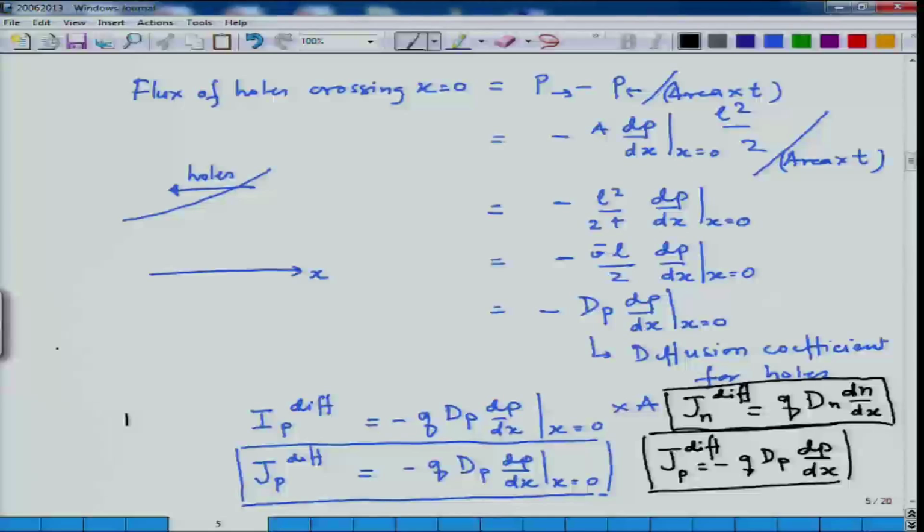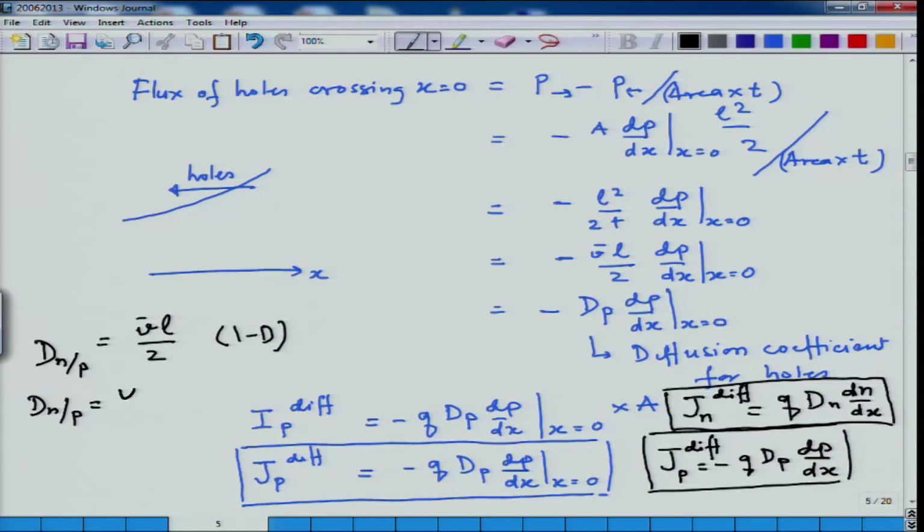If one does a more exact modeling and assumes that the carriers can move in all three directions, then the diffusion constant, whether n or p, which here has a value of V bar L divided by 2 for a one dimensional problem, would be given by V bar L by 3 for a problem where the motion in all 3 dimensions is considered.